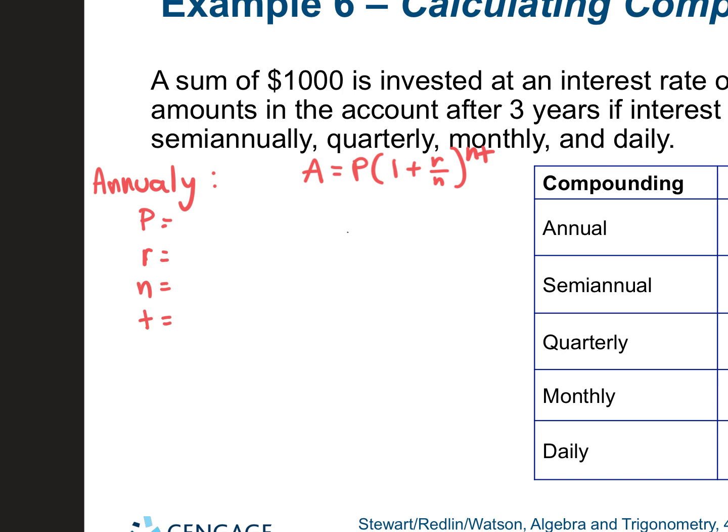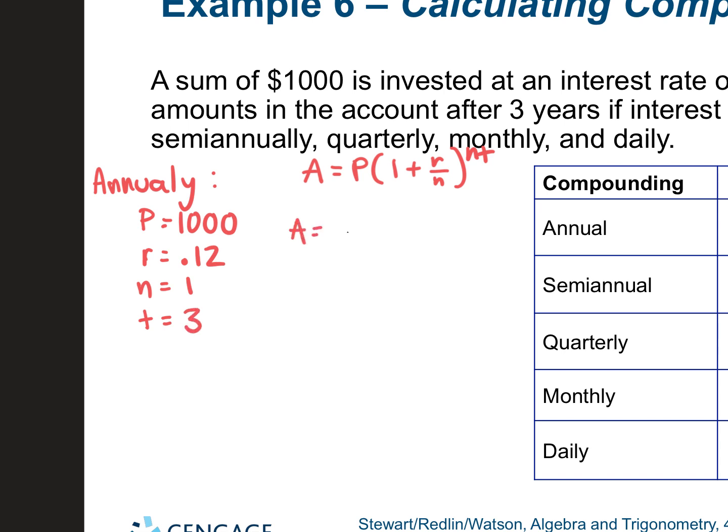What's our starting amount, the principal? 1,000. What's the rate? Our rate would be 12%, but it'd be 0.12 because we need the decimal. What's N? How many times per year is annually? 1. And how many years are we talking about? 3 years.